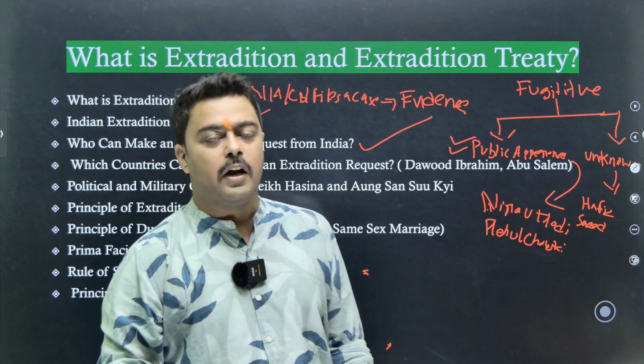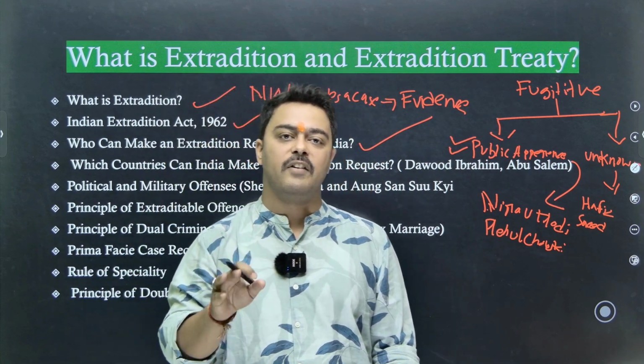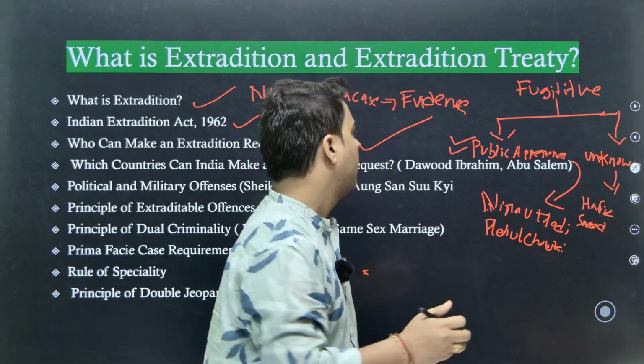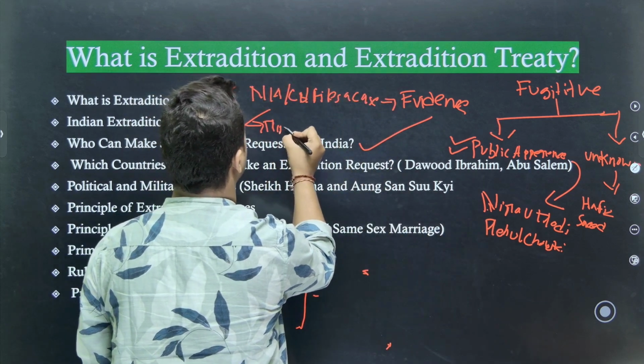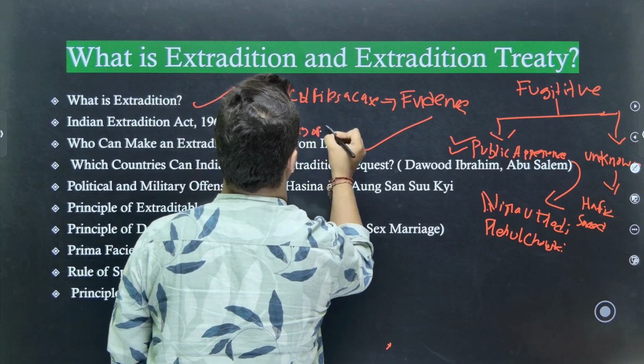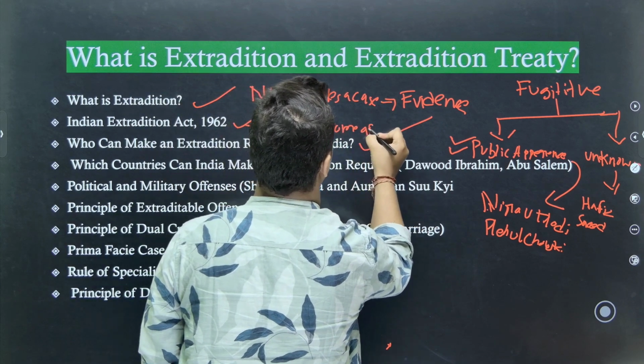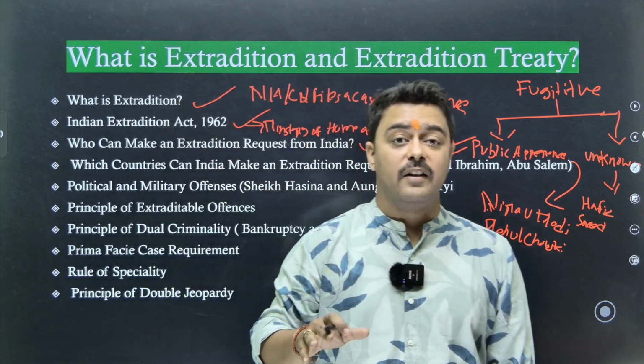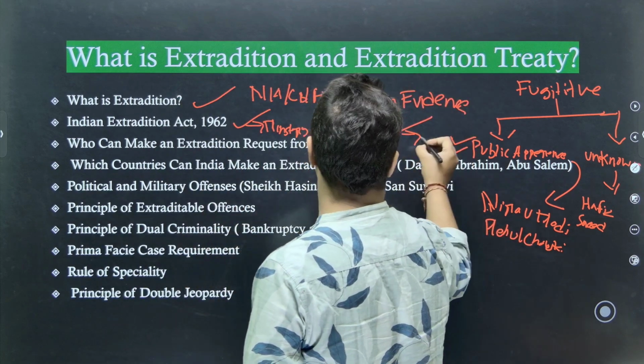When they are assured they have the prima facie evidence, they transfer this entire report as well as a copy of the FIR to the Ministry of Home Affairs. Now, the Ministry of Home Affairs transfers all these documents to the Ministry of External Affairs.